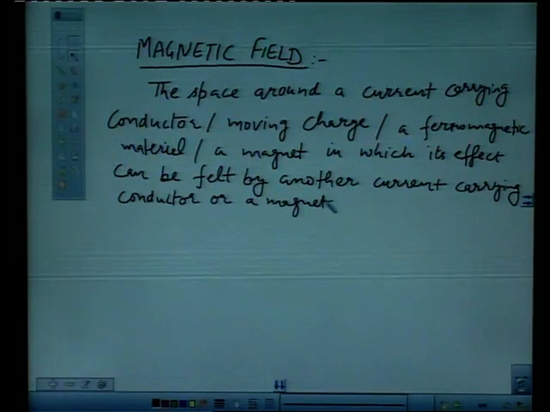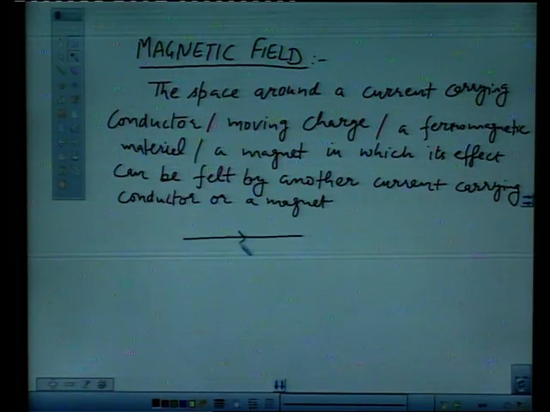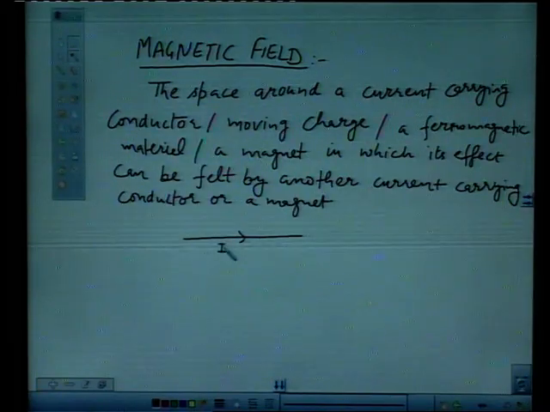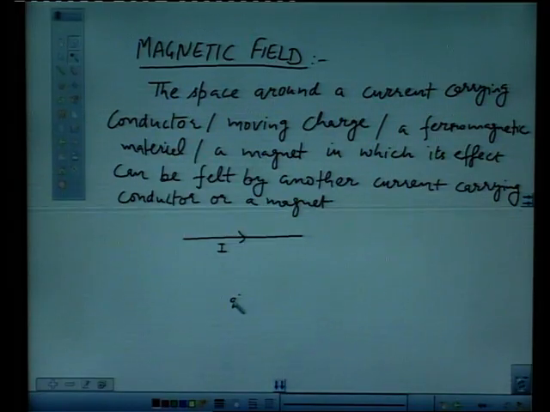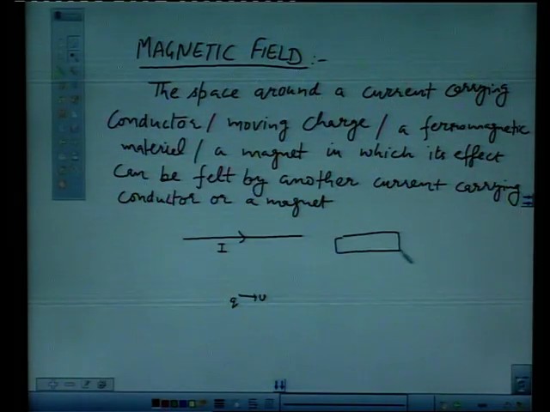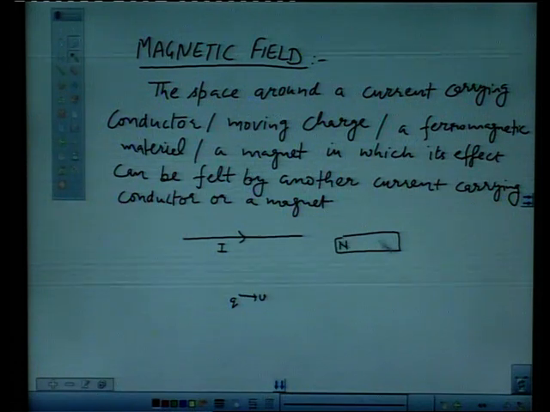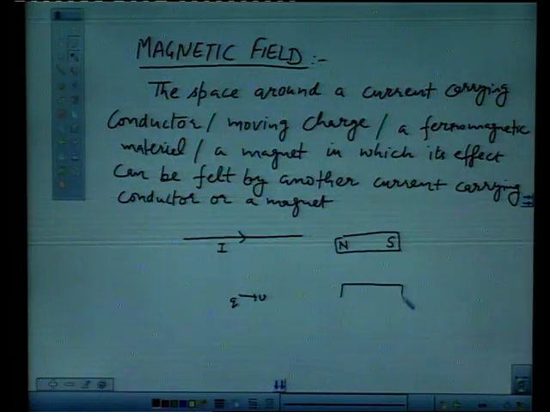Let us take a current carrying conductor. This is a conductor carrying a current I. Suppose we have kept a charge Q which is moving with velocity v near this current carrying conductor, or suppose we have a magnet which is having two poles north and south, and we have kept another magnet having poles.